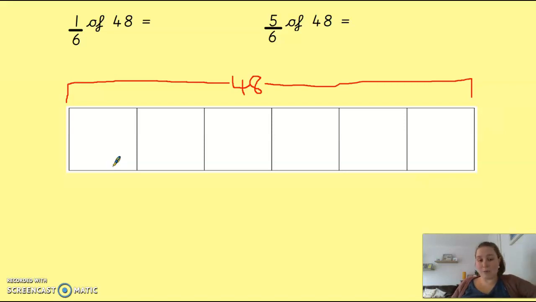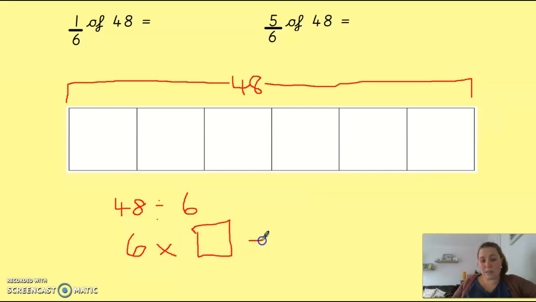Again, use your times table knowledge. Remember that when we're asking 48 divided by 6, we can also ask ourselves 6 times what equals 48. Okay, so it's the inverse. Use your times tables backwards. So in this case, 6 times 8 is 48. So 48 divided by 6 is 8.